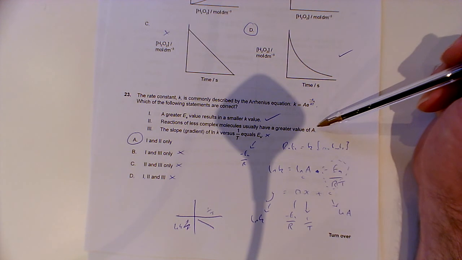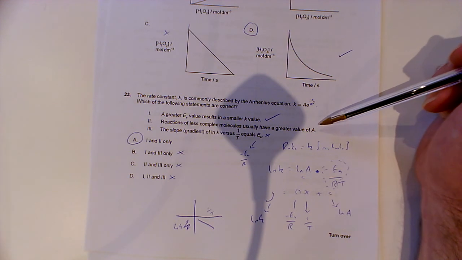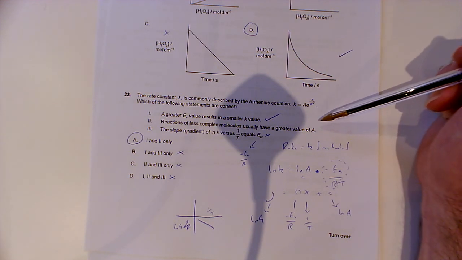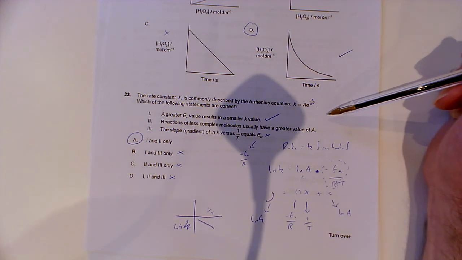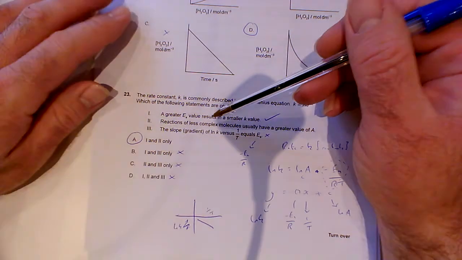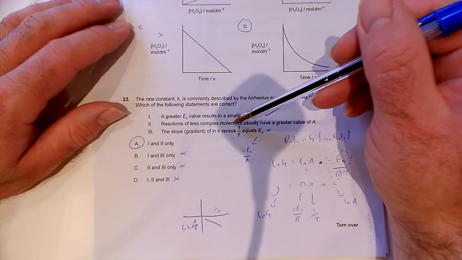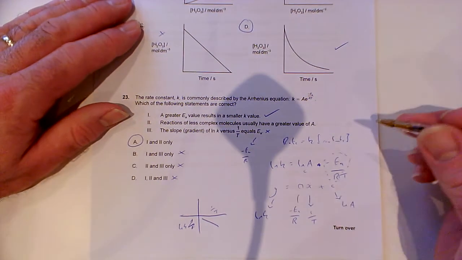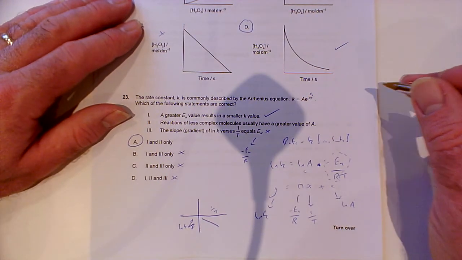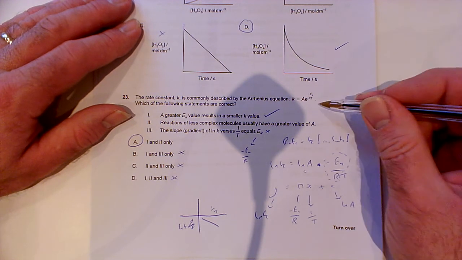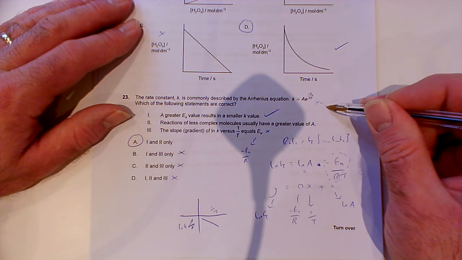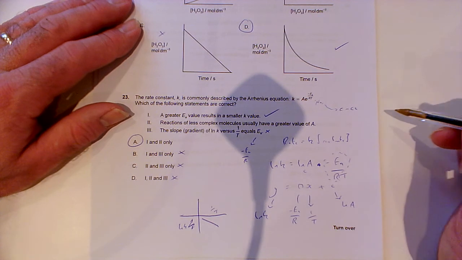Basically, the more these molecules collide, and with the correct orientation, the more reaction you're going to get. Now, I can see that if you had a more complex molecule, that would make it harder for the molecules to collide. Thinking of an SN2 reaction, if I had a carbon-chlorine bond, remember the nucleophile has to come in from the back, the opposite side to the chlorine.